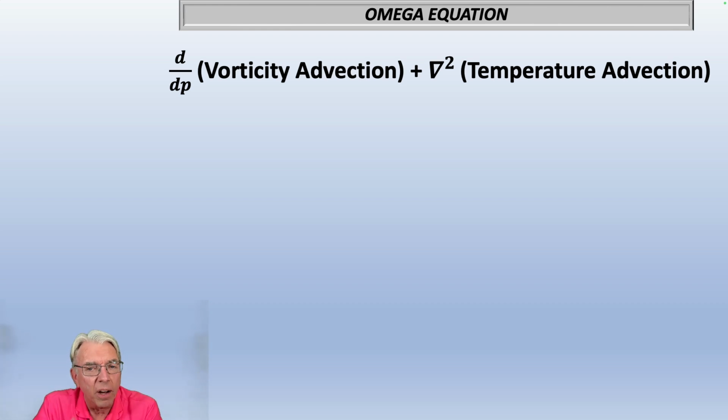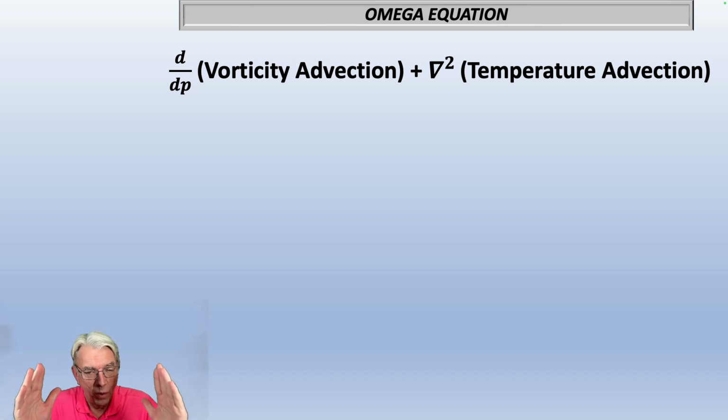And then the second one, that little doodad right in here, that stands for the Laplacian of the temperature advection. What that basically means is, do you have a localized maximum or minimum, and it's very, very strong in a concentrated area and then quickly weakens as you go out from that area, okay?